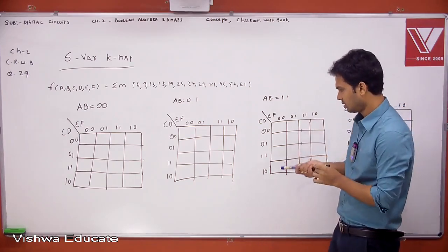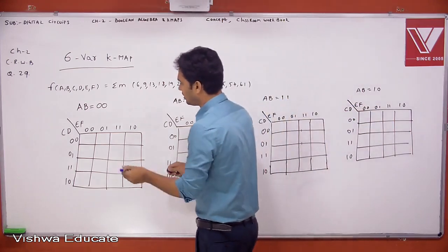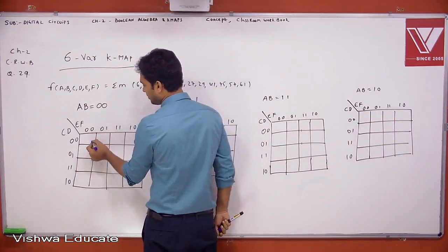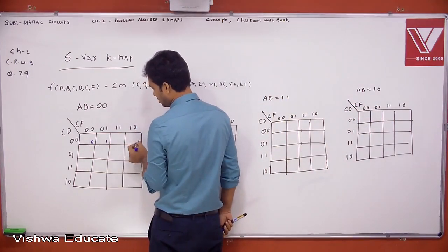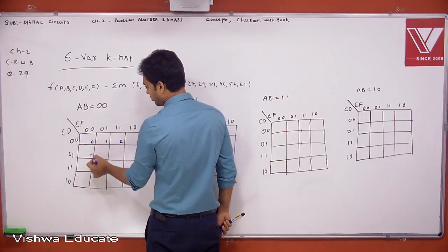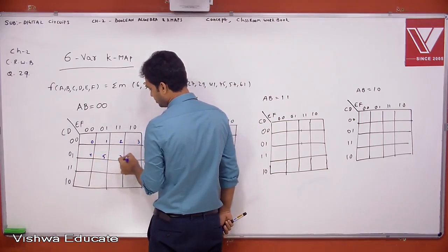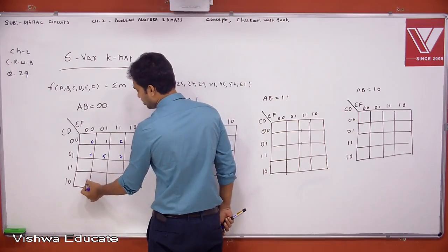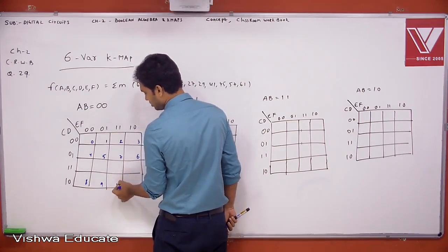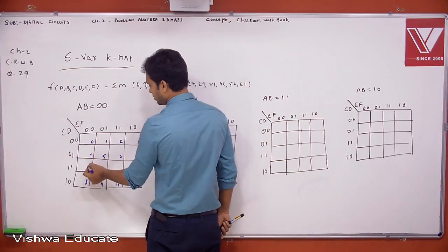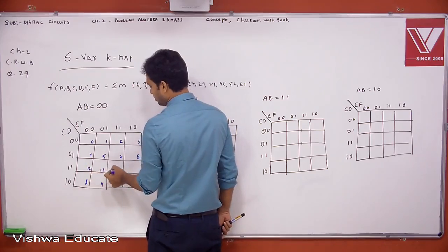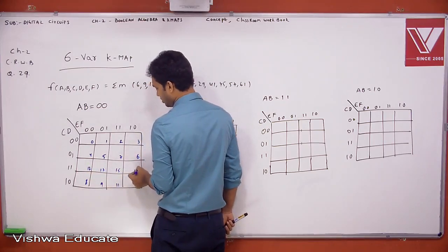So here, what are the minterms? Same as the previous case: 0, 1, 3, 2, 4, 5, 6, 7, 8, 9, 10, 11, 12, 13, 14, 15.